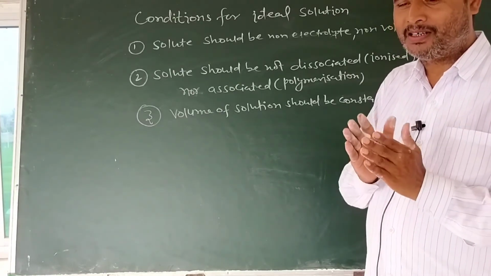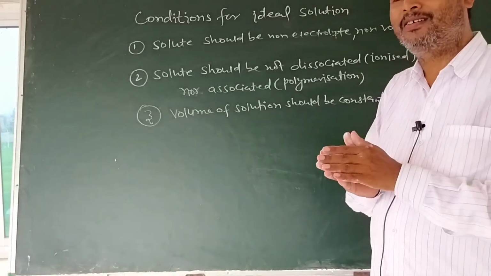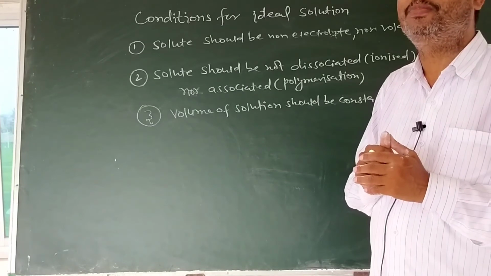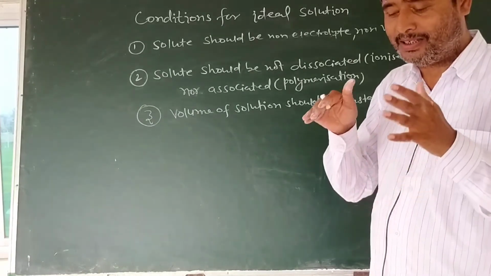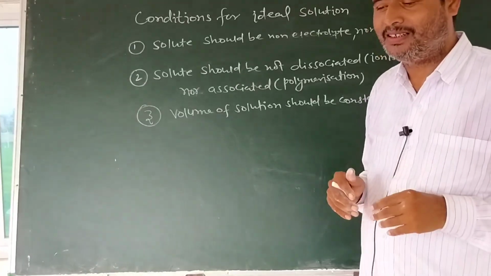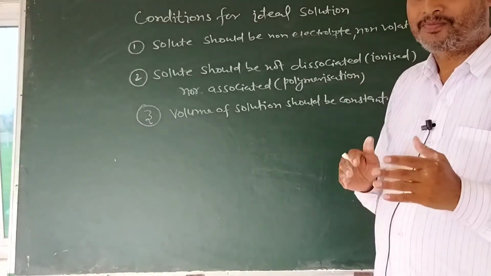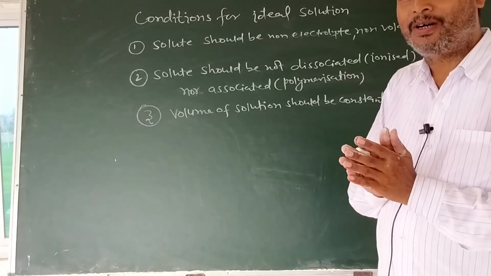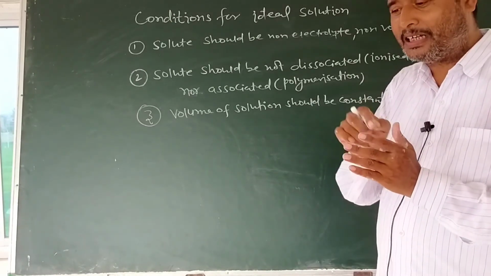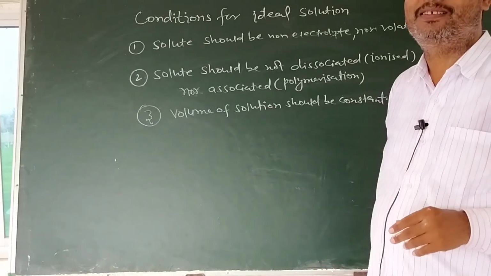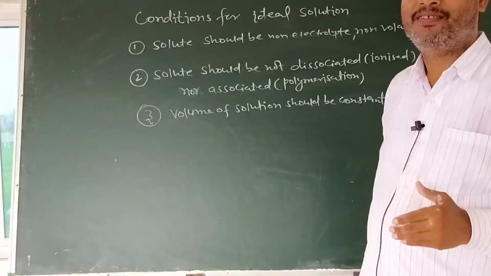The volume of 100 milliliter alcohol and 100 milliliter water will not be equal to 200 milliliter, but always less than 200 milliliter. Similarly, the volume of 50 milliliter water and 50 milliliter liquid ammonia will not be equal to 100 milliliter, always less.